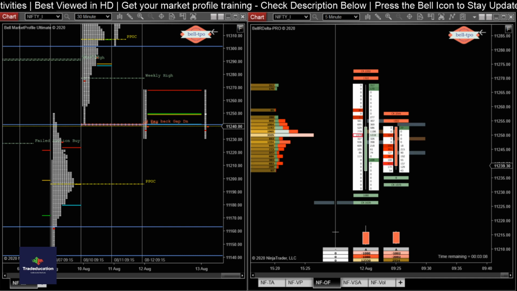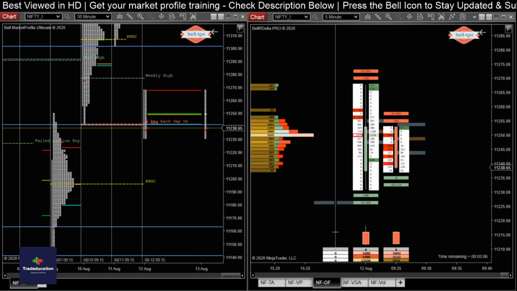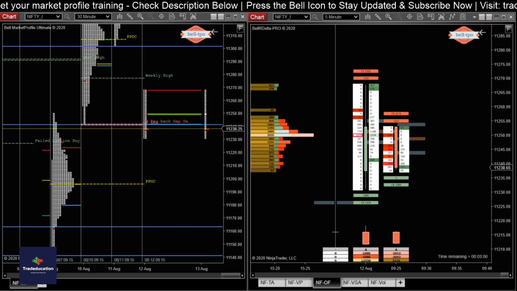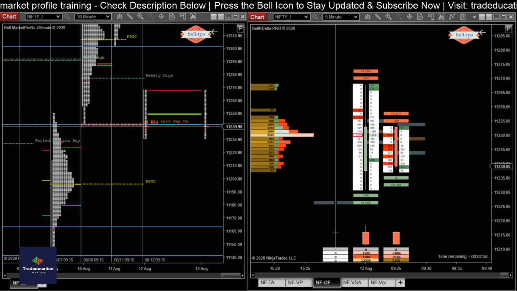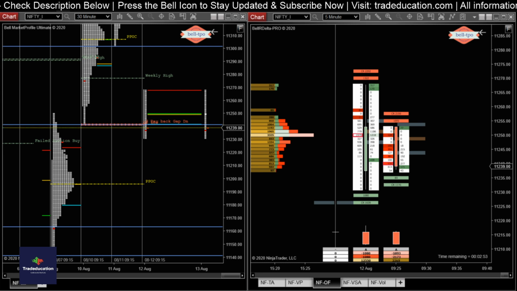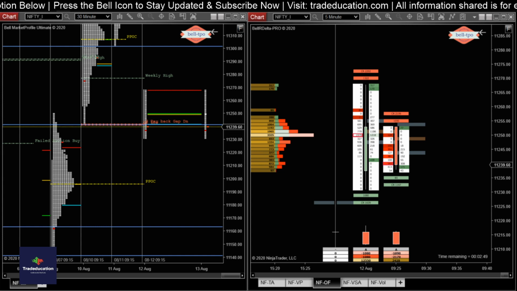Okay, the previous week high, a good reference, has been broken in the spot chart, and now the auction is again below the range of yesterday. I would say not yesterday, but the low of the 10th of August.